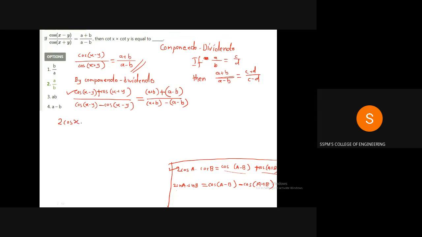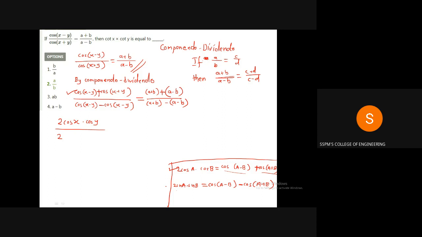It is x, and cos B means cos y, divided by again the same. Now in the denominator we will use the formula 2 sin A sin B is equal to cos (A minus B) minus cos (A plus B). See, here the minus sign is there, so we will have to use this formula.